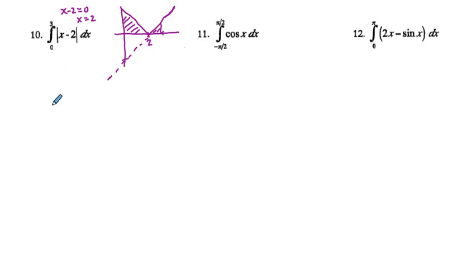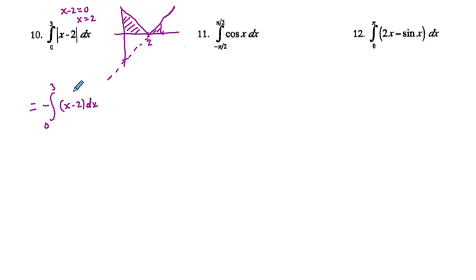So what we're going to do is take the integral from 0 to 3 of x minus 2 dx. However, we are going up above the x-axis, so we're going to make this negative out front, like this.